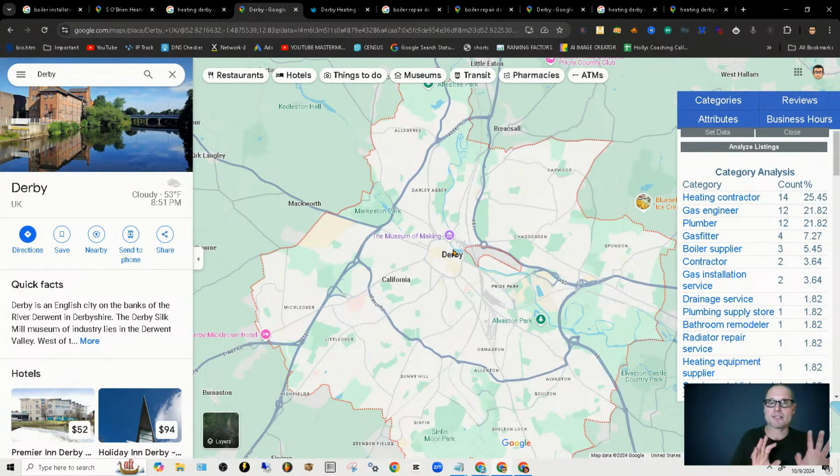Let's not get caught up on semantics here. Let's just get to the information, right? What I'm trying to convey to you is that Derby is where we want to target. But what we want to quickly assess is we want to make a list of Alvaston, Oakwood, Darley Abbey, Pride Park, awesome. And see these bolds? We want to gather up a list of each and every one of these.